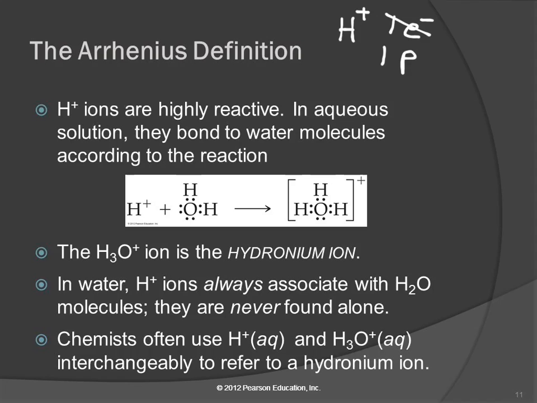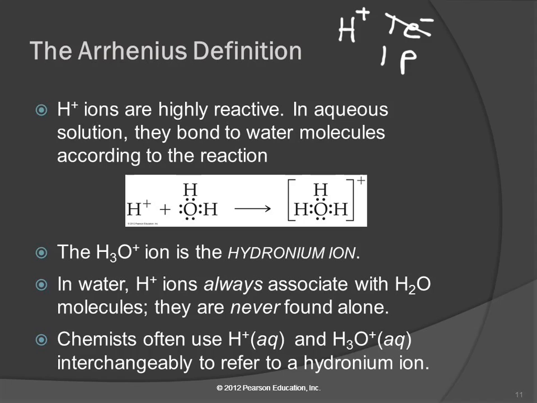What's left? 1 proton. No electrons. A hydrogen ion is a proton. That's all it is. So protons are not real happy being alone. They are highly reactive, and they will attach themselves to something else.